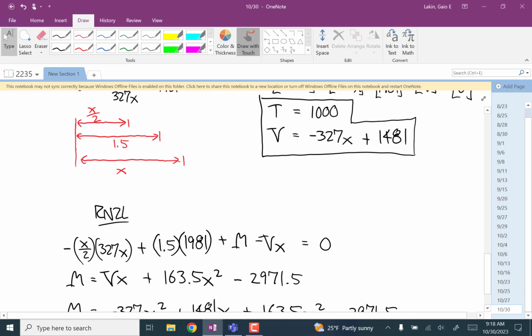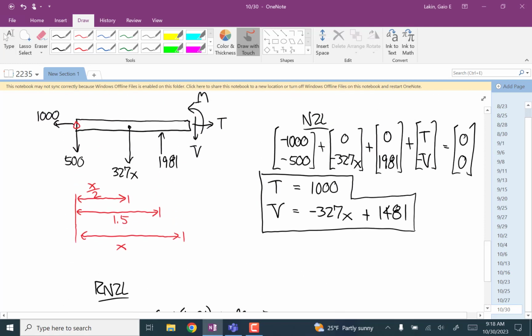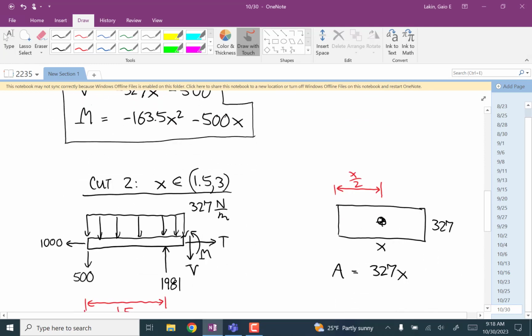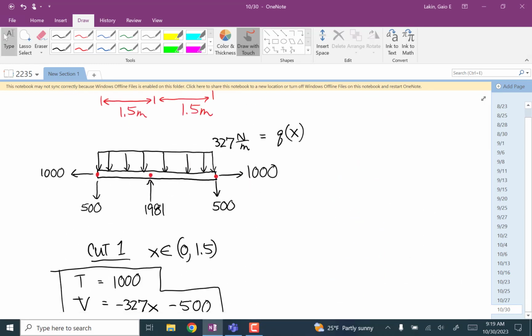So now let's think about the distributed load. Negative dV/dx, and remember the negative is because our definition of that function q, that distributed load function, is down. That's the default. So you just get negative dV/dx is positive 327, and that's our distributed load function. Okay?